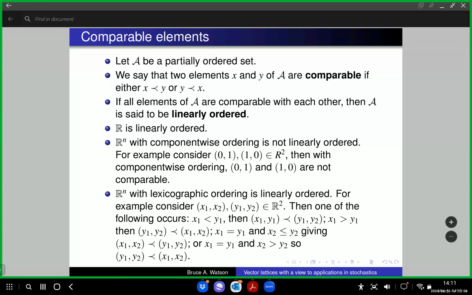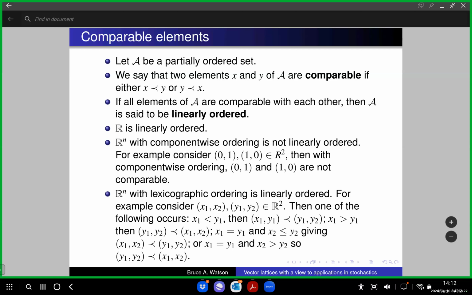Take, for example, the two vectors in R2, the vector (0, 1) and the vector (1, 0). Well, are they comparable? 0 is less than or equal to 1 when we compare the first terms, but 1 is not less than or equal to 0 when we compare the second terms.